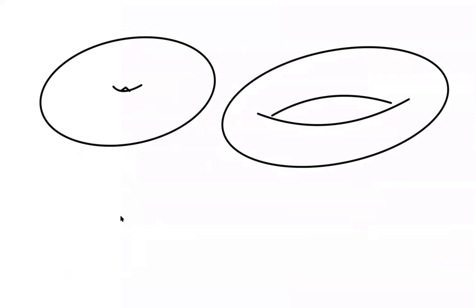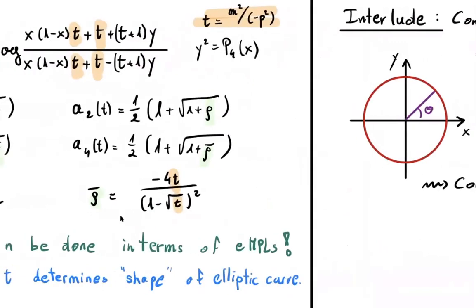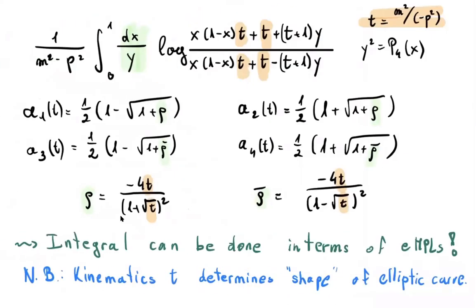But I want you to remember that actually kinematics is encoded in the shape of the elliptic curve. It is changed by the choice of the branch points. Okay, I guess this is then a good place to stop for today, and then we can resume tomorrow.